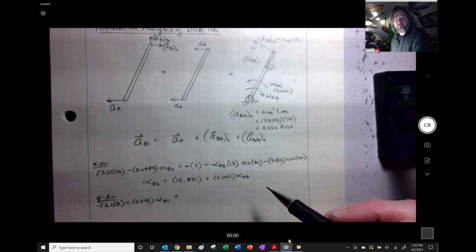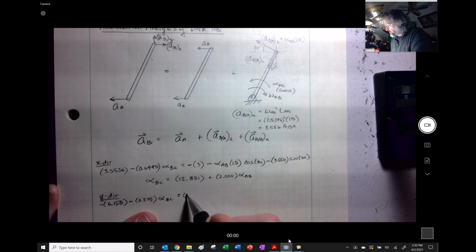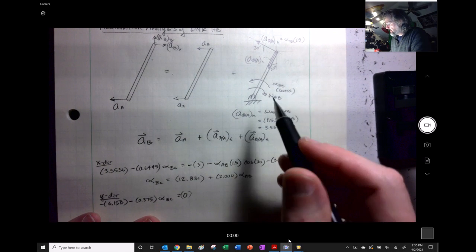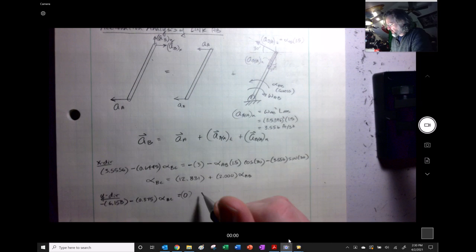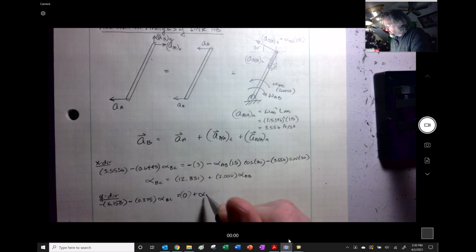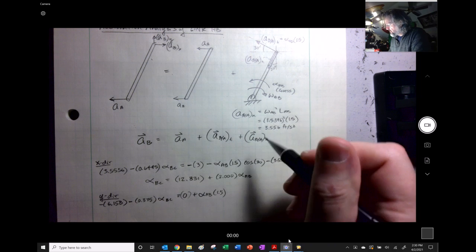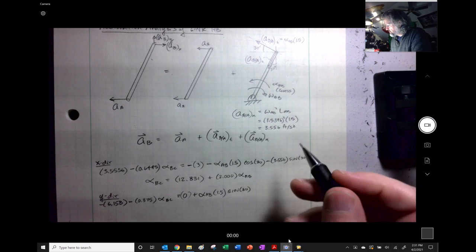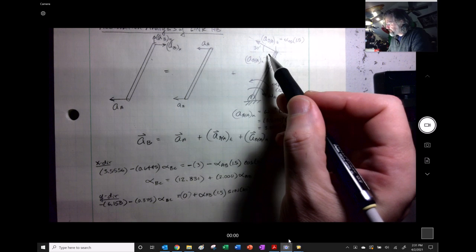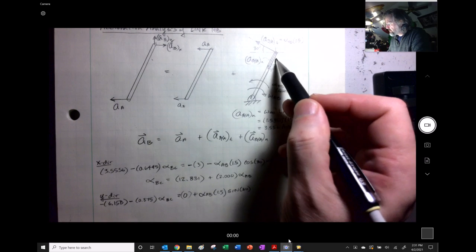Come on, focus. There you go. And this one is a positive, right? So we get a positive alpha AB times 1.5, and that's the sine of 30. And then this is also, no, this is negative.